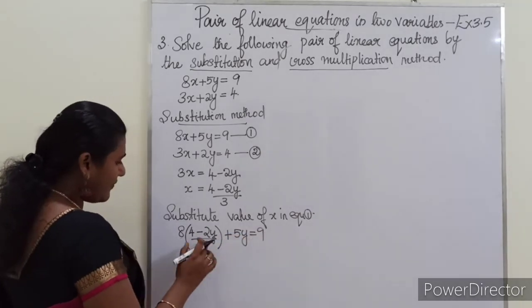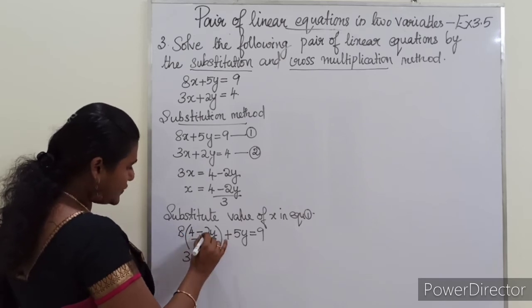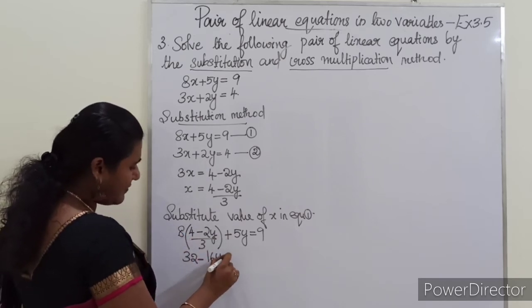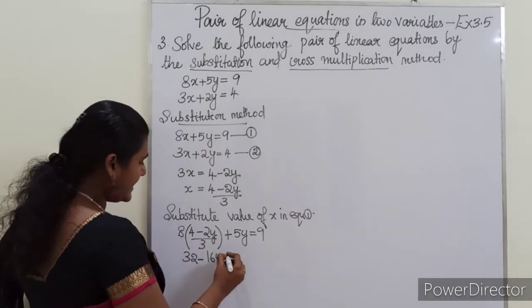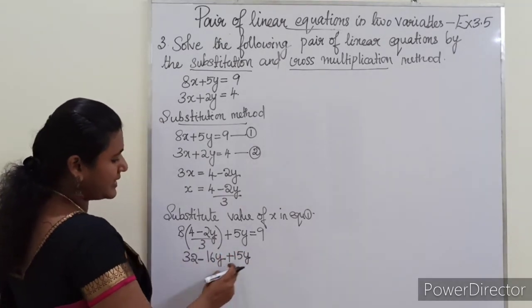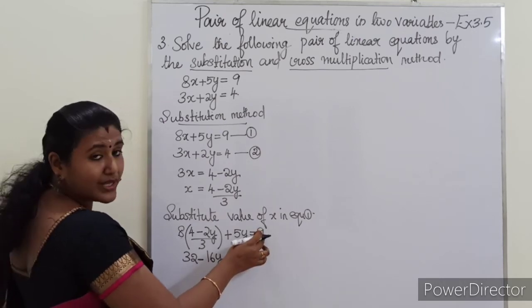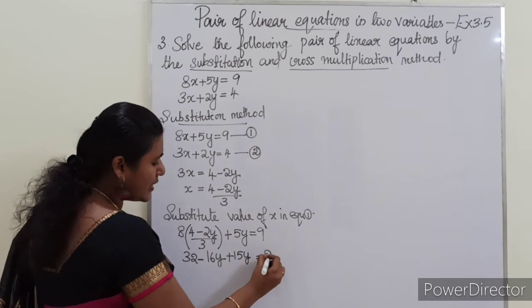Now we will simplify this. 8 4s are 32 minus 8 2s are 16y, and we will take 3 as the LCM. So plus 15y, the whole divided by 3 is equal to 9. If you take the denominator 3 to the right side, 9 3s are 27.